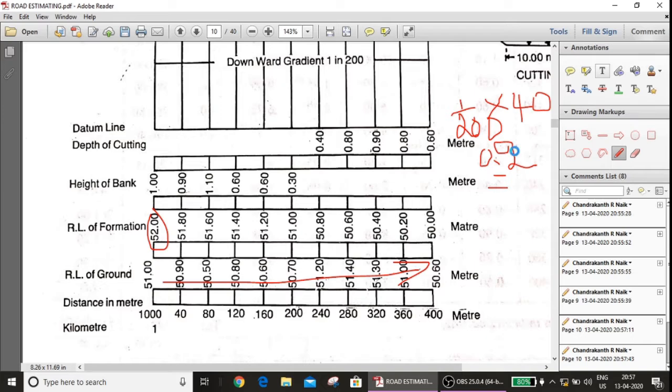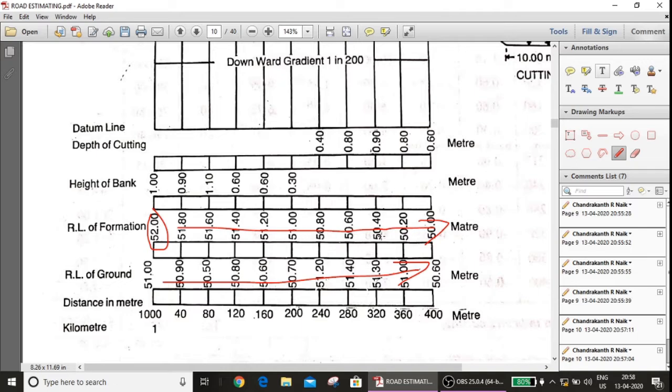Okay, please check it out. Fine. Now what we have to do, RL of the formation we get 52. We have to subtract 0.2 till 400 meter or till the last chainage of the station. Okay, so 52 is there. So minus 0.2, 51.80, 51.60.